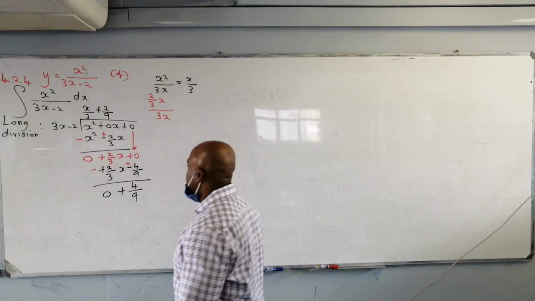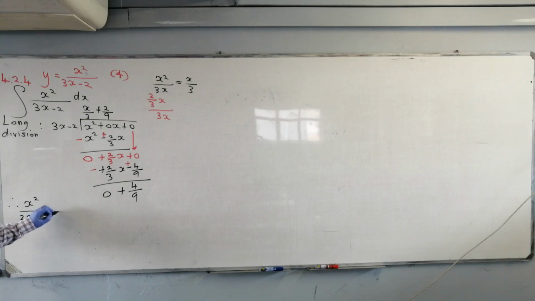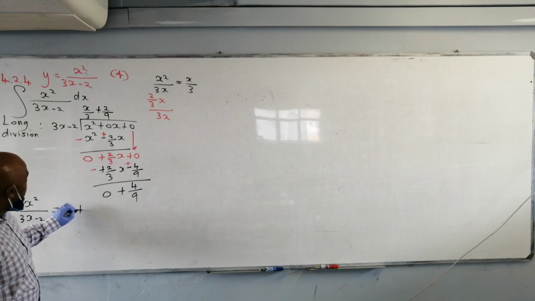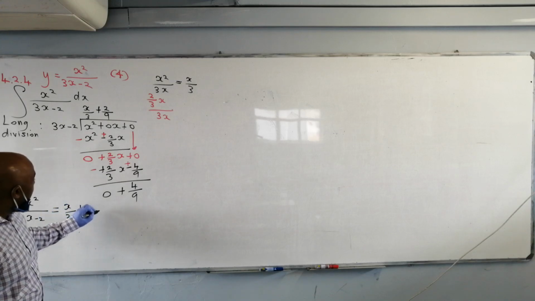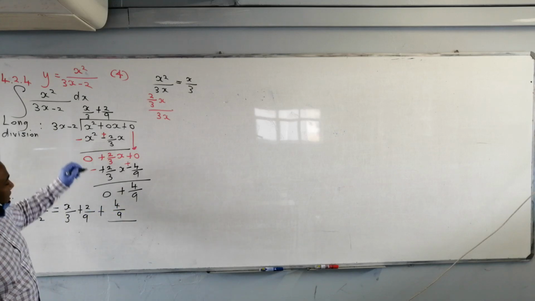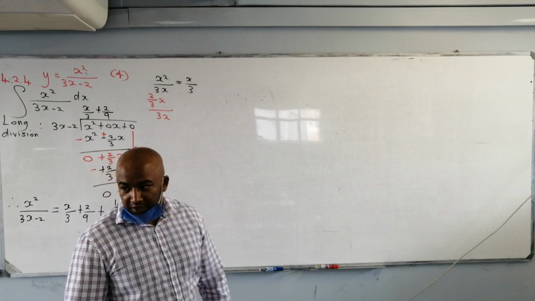So now let's write out our solution. Therefore, x squared over 3x minus 2 is the same as x over 3 plus 2 over 9 plus the remainder all over the divisor 3x minus 2.